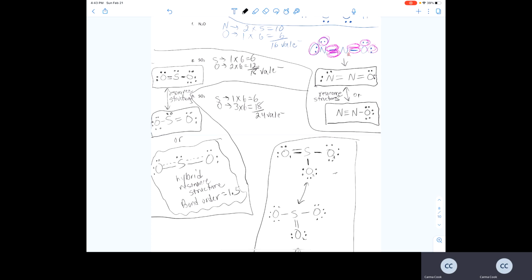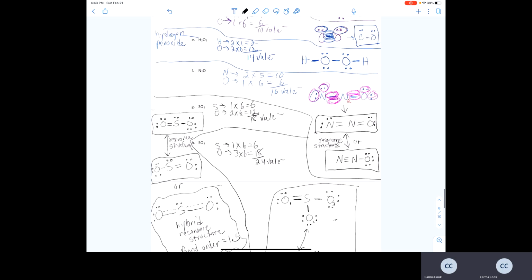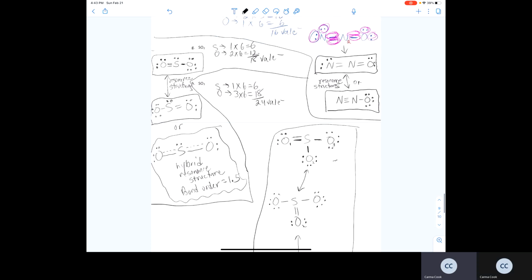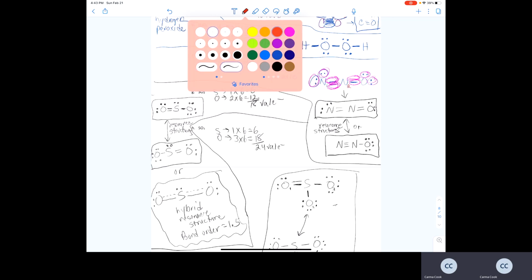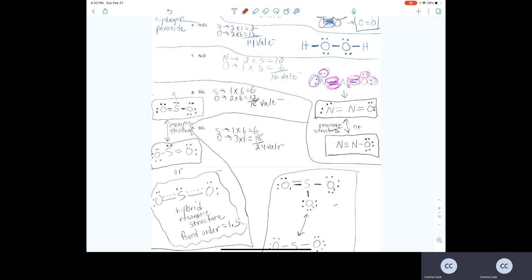Now comparing that to SO2's resonant structures, this central sulfur also has some bonding groups, but it only has two bonding groups, the double and the single. But it also has a non-bonding group, the lone pair of electrons.